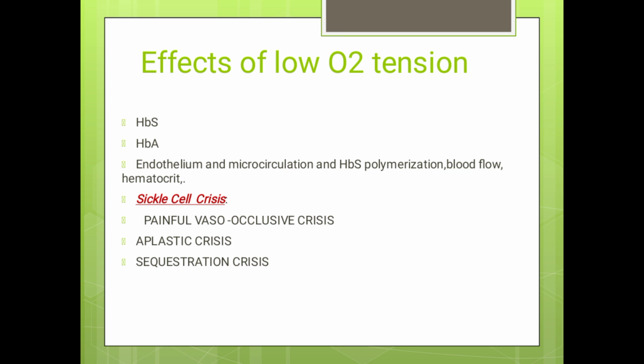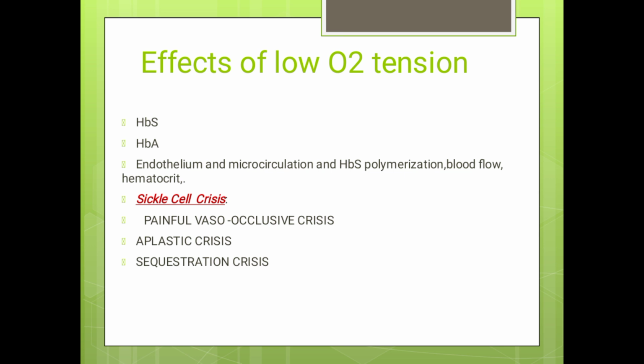And this can now go into the brain or other organs like the kidney, the spleen, and then cause obstruction there. And that can lead to what? Organ failures. Yes. So sickle cell crisis, like I just explained, that is what will happen in sickle cell crisis. We have painful vaso-occlusive crisis. That is the most common thing nurses see among our patients.